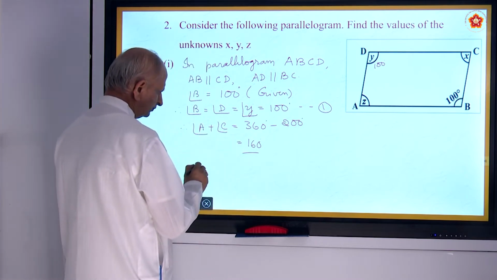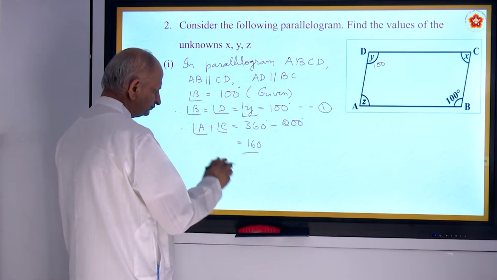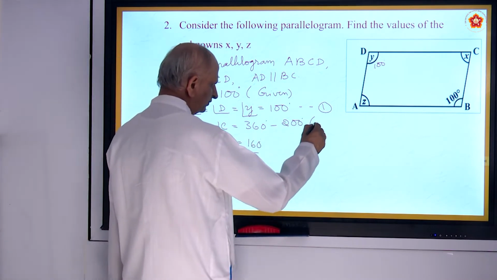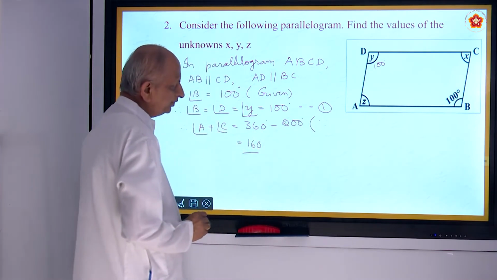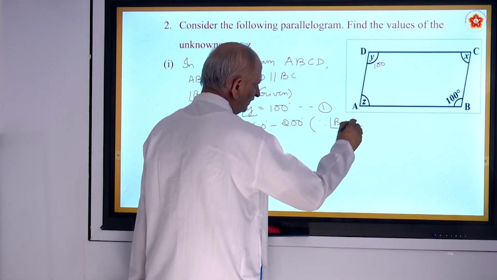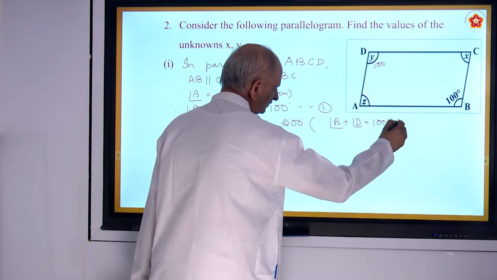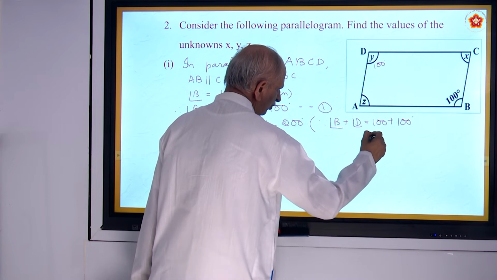And therefore, as opposite angles are equal, you can write if you want why it is. How we got 200? Because angle B plus angle D is equal to 100 plus 100, that is 200.